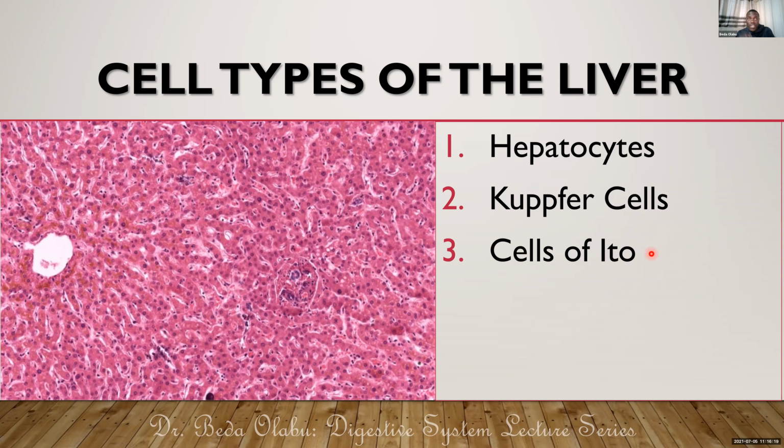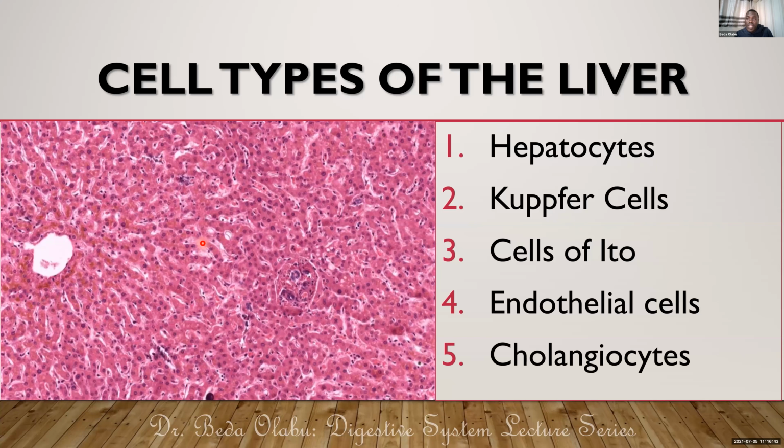Then we have cells of Ito. Cells of Ito are fat-storing cells. They metabolize vitamin A. Then you have endothelial cells, the cells of the liver that line the liver sinusoids. Sinusoids are capillaries within the liver. So the endothelial cells line those capillaries.